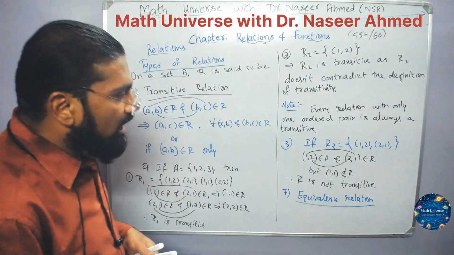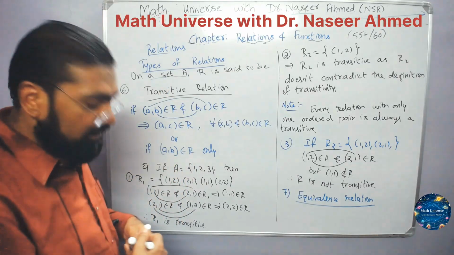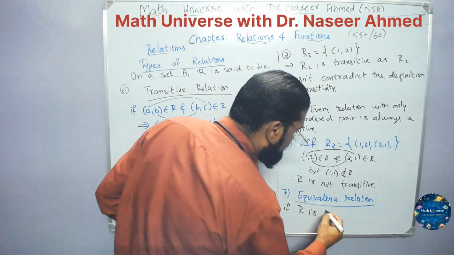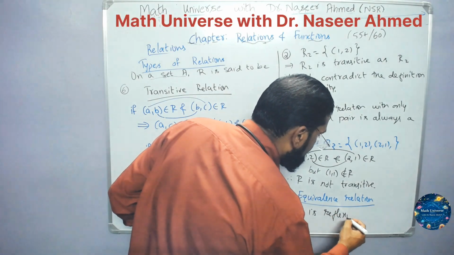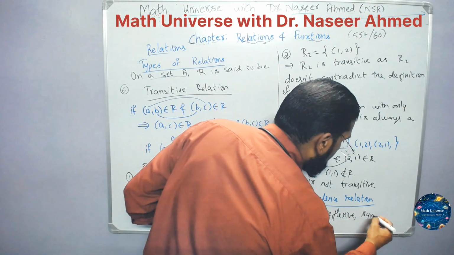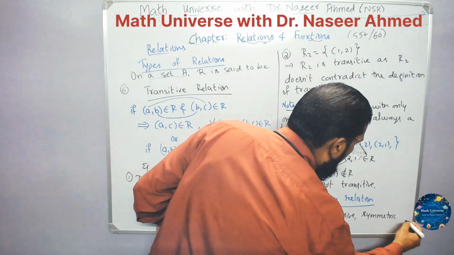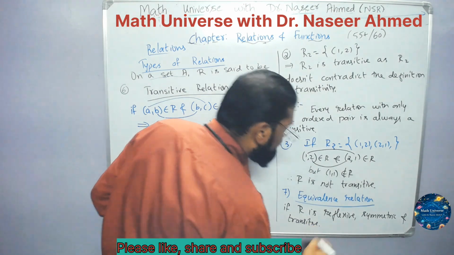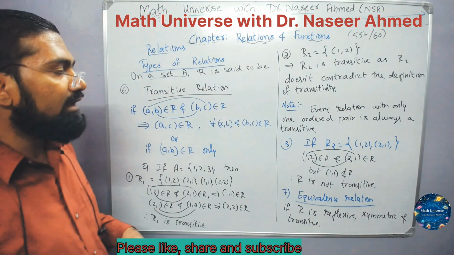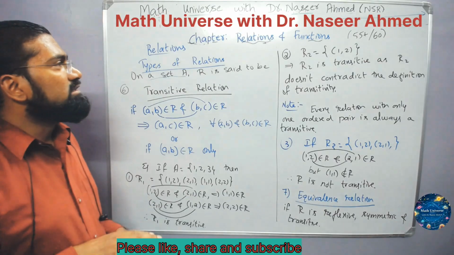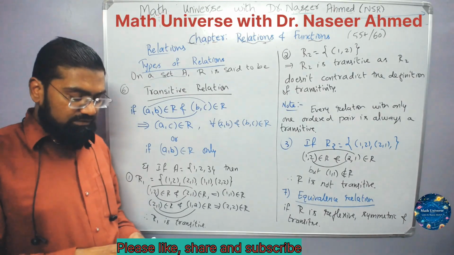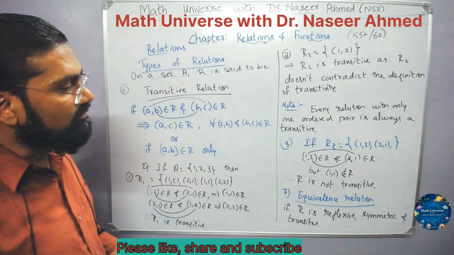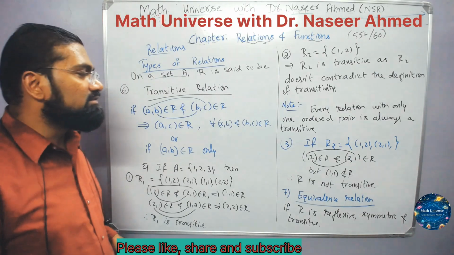A relation R on a set A is said to be an equivalence relation if R is reflexive, symmetric, and transitive. All three should hold. Only then we say it is an equivalence relation. The way we have a formula to find the number of reflexive and symmetric relations, we don't have such an easy formula to count how many transitive and equivalence relations we can have.